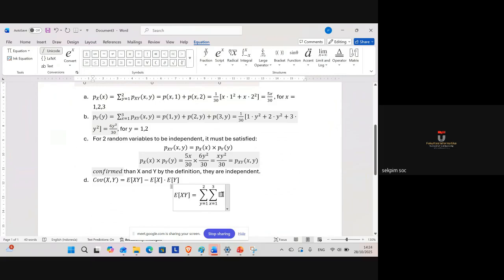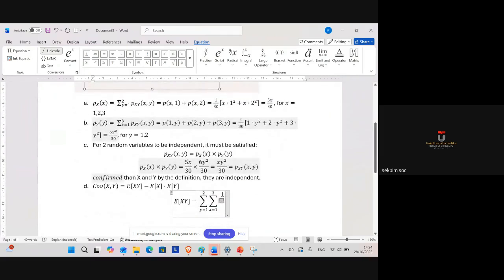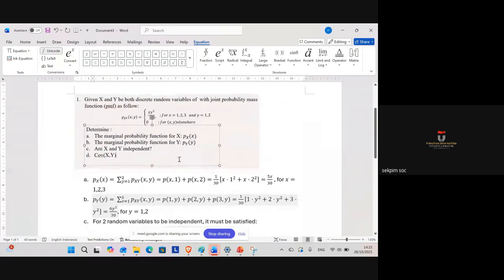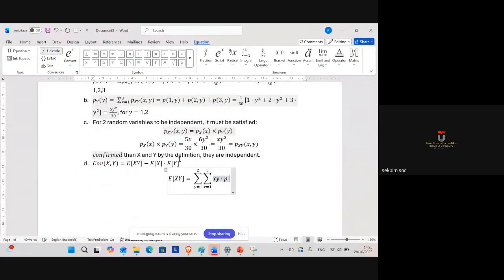Inside the operator is xy, times the joint probability p xy. That's the formula.